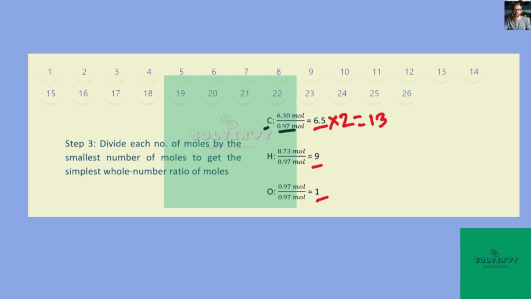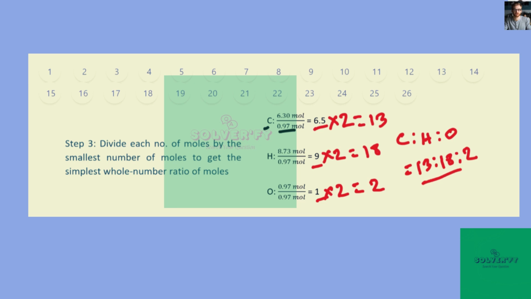So we'll multiply 9 by 2 to get 18, and then we'll multiply 1 by 2 to get 2. So the ratio of the number of moles now is 13, 18, and 2.